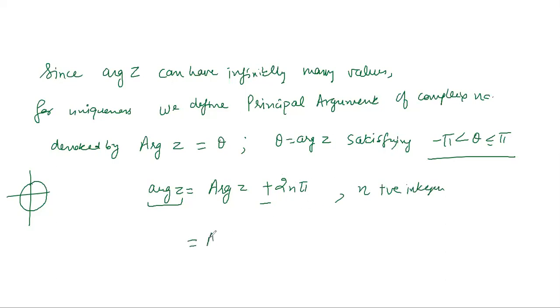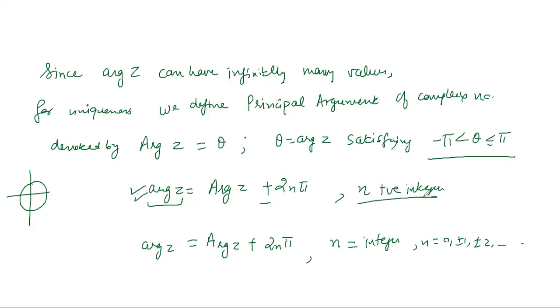Either you write like this, or other way is argument z, इसको सिर्फ plus लिखो, minus यहां ना लिखो, और n लिखो integer, तो उसमें negative cover हो जाएंगे, like n is 0, plus minus 1, plus minus 2. So depends upon you, आप ये भी use कर सकते हो. n को अगर positive integer define करोगे तो आप obviously non-negative, rather I should say 0 भी उसमें included है, non-negative integer define करोगे तब आप plus minus यहाँ पे use कर सकते हो, और n को integer define करोगे तो आप ये use कर सकते हो. तो both are convenient, whatever you want to use, but use it carefully. So because whatever you define, you have to define that.